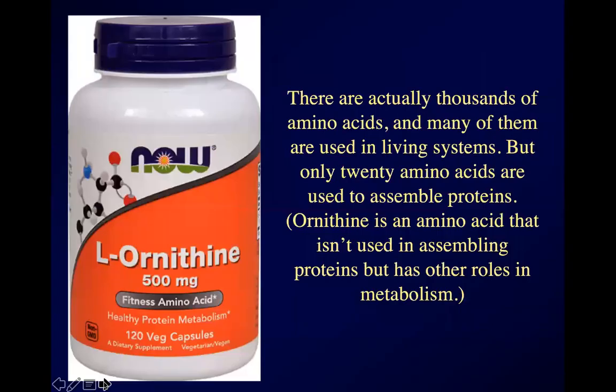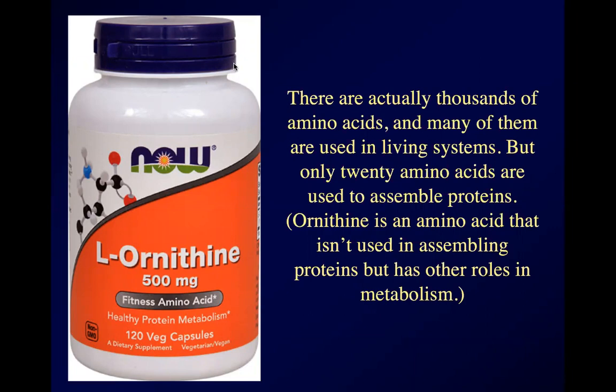There's actually many thousands of amino acids. This is one that I don't know how well it works or not. It's not really my field. Some of you may have more experience than I do, but ornithine is an example of an amino acid that is not used in assembling proteins, but has other roles in metabolism.